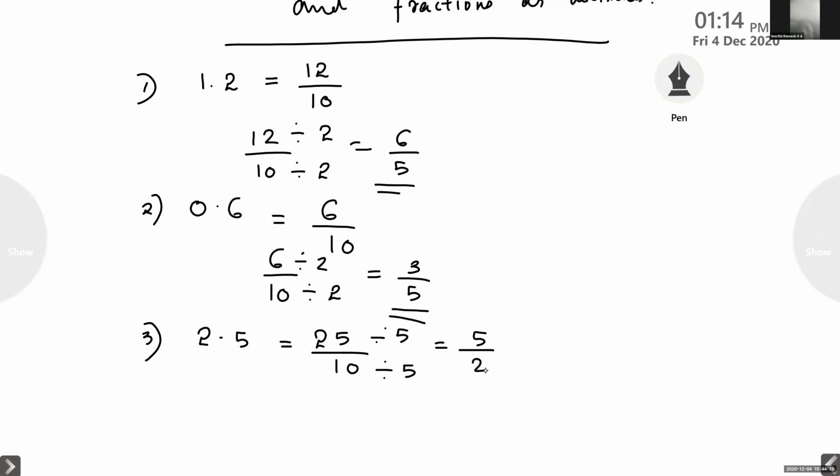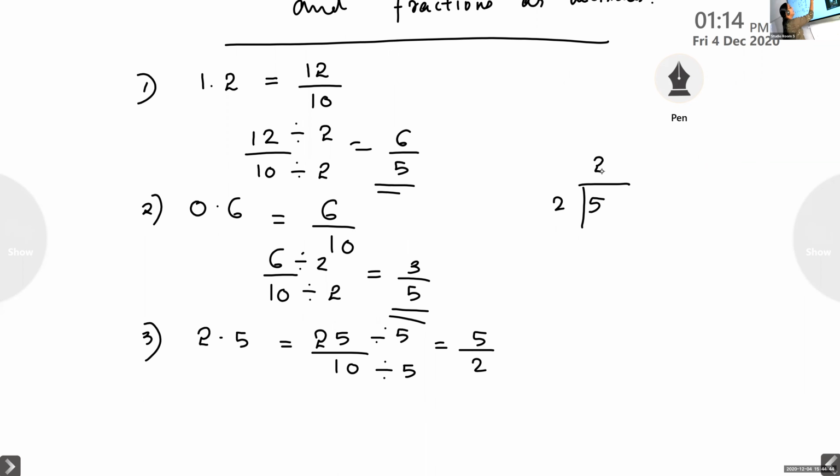So when you divide 5 by 2, I'll show you. How will you divide? Ma'am, it's not exactly divisible. Okay, it's not exactly divisible but you can divide using decimals.